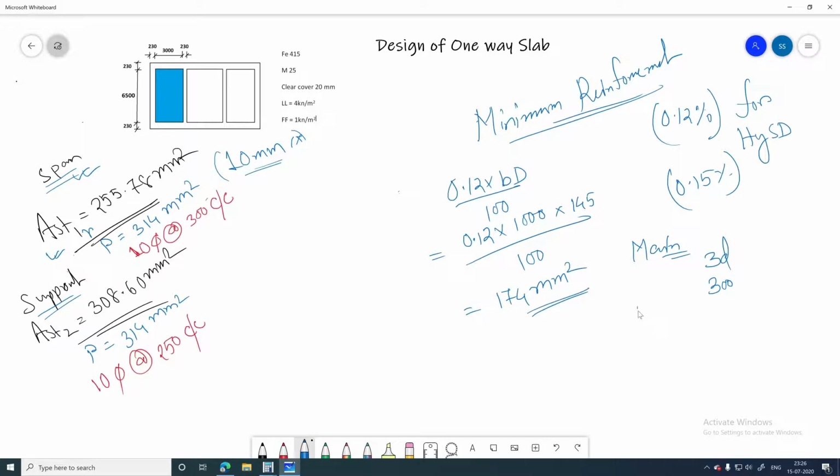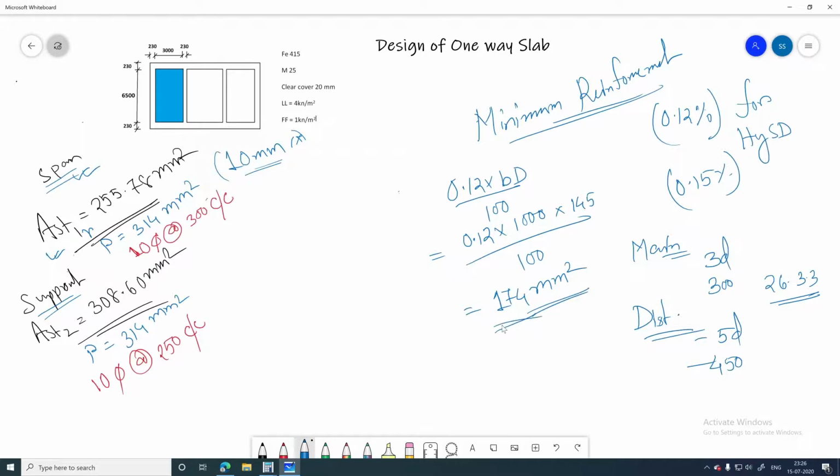But in the case of distribution reinforcement it will be 5D or 450, whichever is less, and the clause you can see is 26.3.3. So that is the minimum reinforcement that we need to provide. This minimum reinforcement we will provide as a distribution bar, that means in the distribution reinforcement.